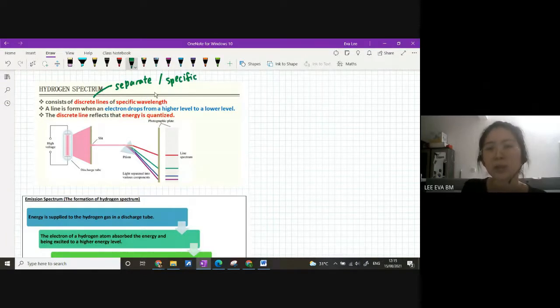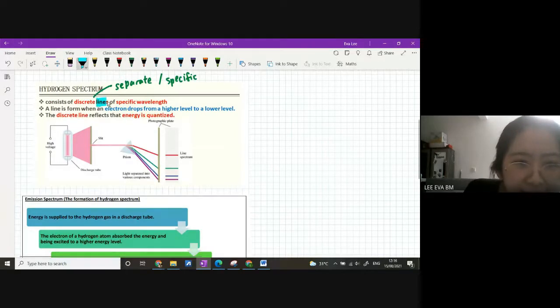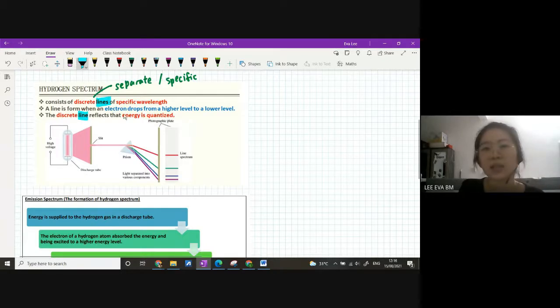So setiap satu line, wavelength dia berbeza, frekuensi berbeza ataupun delta E pun berbeza. Ikut formula lah. So a line is formed when an electron drops from higher level to lower level. The discrete line reflects that energy is quantized. So setiap satu line, madam highlightkan perkataan line ini, maksudnya energy adalah quantized. Energy adalah specific.